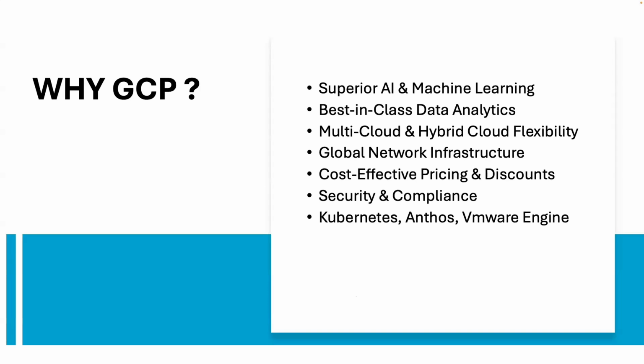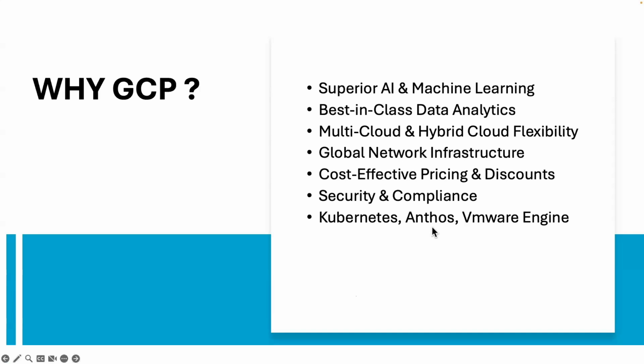Kubernetes, Anthos, VMware. There are some exclusive services Google Cloud provides. Kubernetes is one of the major services we are learning along with our topics. Our last topic is going to be Anthos. It's again a very exclusive, special service, which makes hybrid and multi-cloud computing very easy.